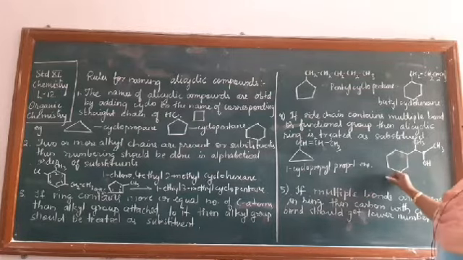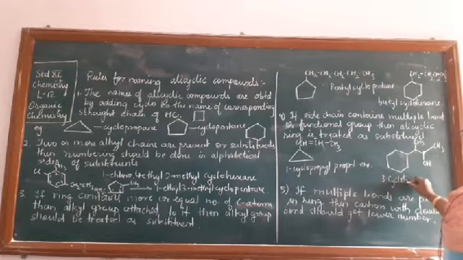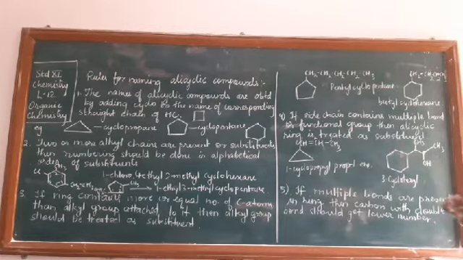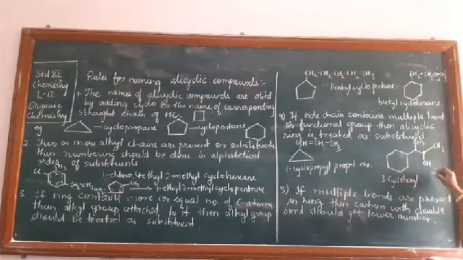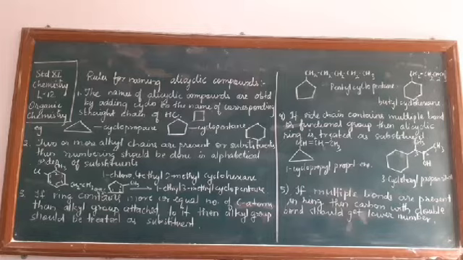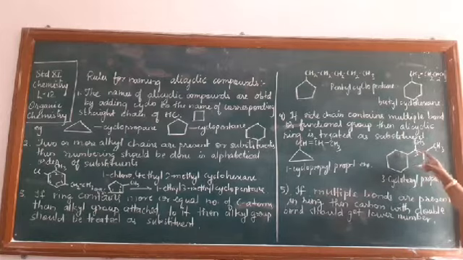So this will be 3 cyclohexyl, 3 cyclohexyl, isn't it? 3 cyclohexyl propan 2 ol. एक और चीज, यहाँ पे एक मिथाइल ग्रुप भी है, कौन से कार्बन पे, 1 2 3 कार्बन पे। I should number it the other way, okay?